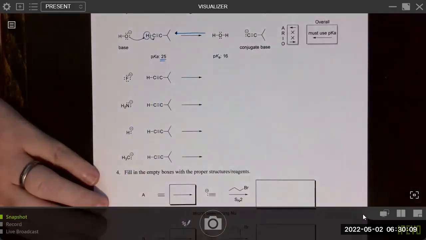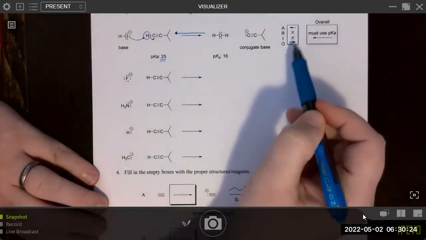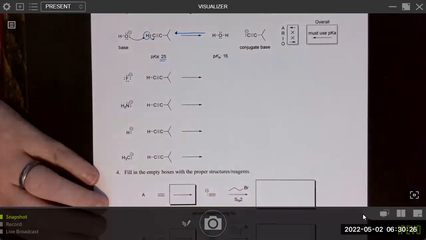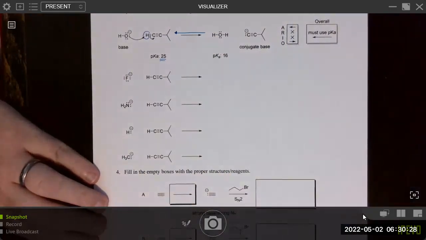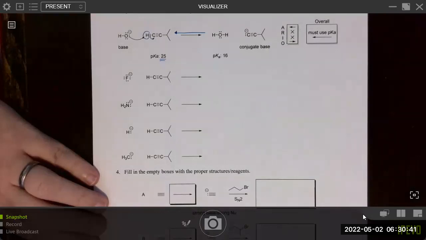Okay, so generally it's good to use pKa values, especially dealing with terminal alkynes, because sometimes, like in the second case here, it actually will go against ARIO. So we really need to use pKa values because we'll have conflicting directions based on whether we're considering the atom, resonance, induction, or orbital. Okay, so first it says draw the curved arrows and predict the products.